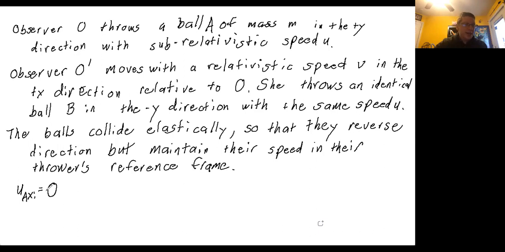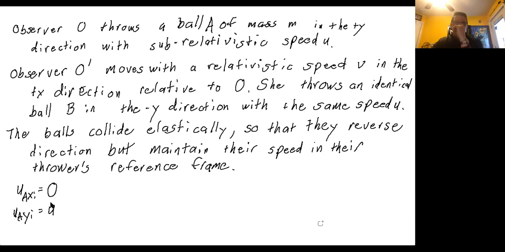It's thrown up in the y direction. So from observer A's reference frame, it doesn't move in the x direction. And it's moving upward with a velocity u, at least before the collision.